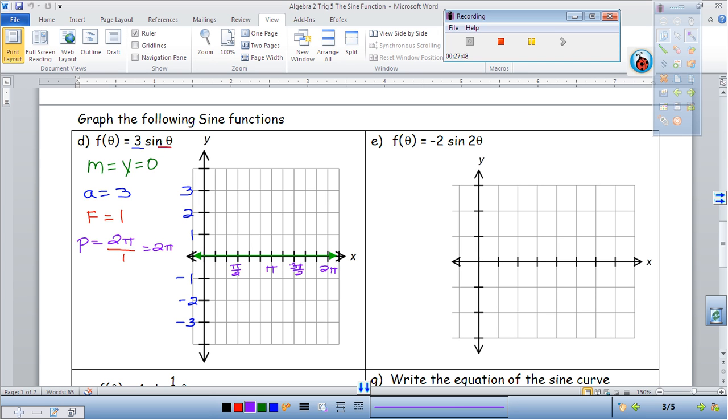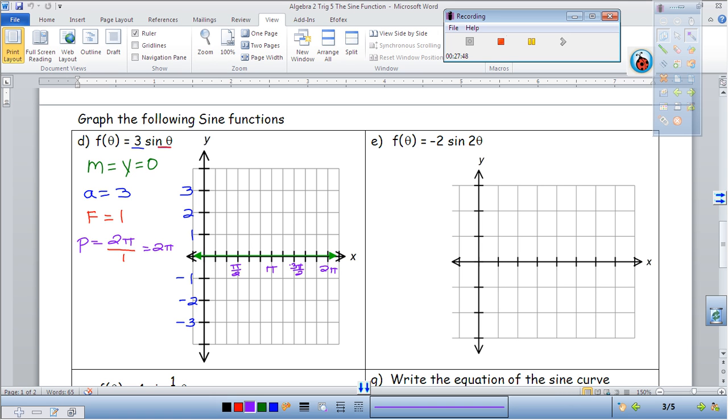Any questions over that? Okay, you can count differently if you want. You don't have to use the same points that I do. I'm just going to plug these points in because they're going to be the easy ones.